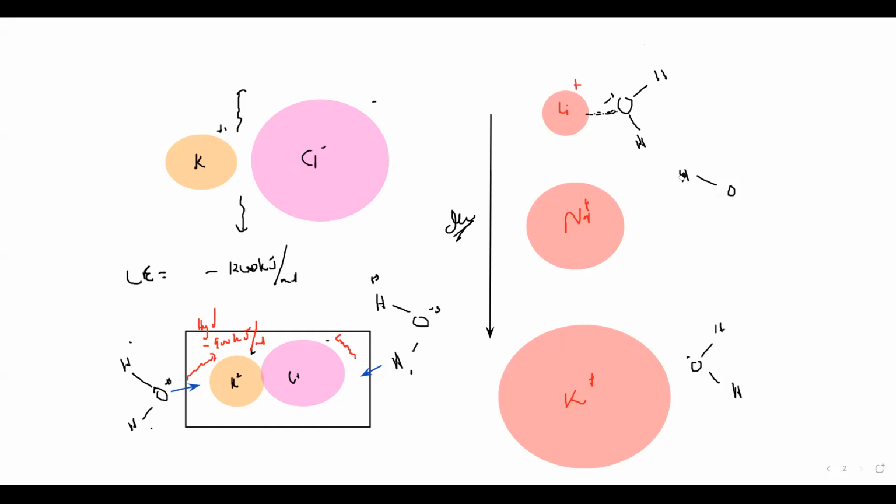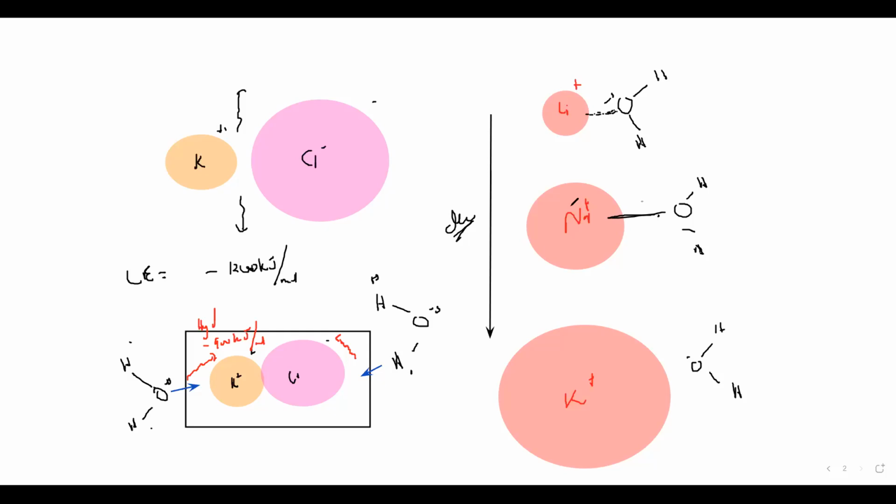Whereas sodium, which is larger in size, basically the attraction is towards the nucleus. So as it is larger in size, there will be attraction, but weaker attraction as compared to that of lithium. So as we go down the group, we observe the hydration energy decreases.